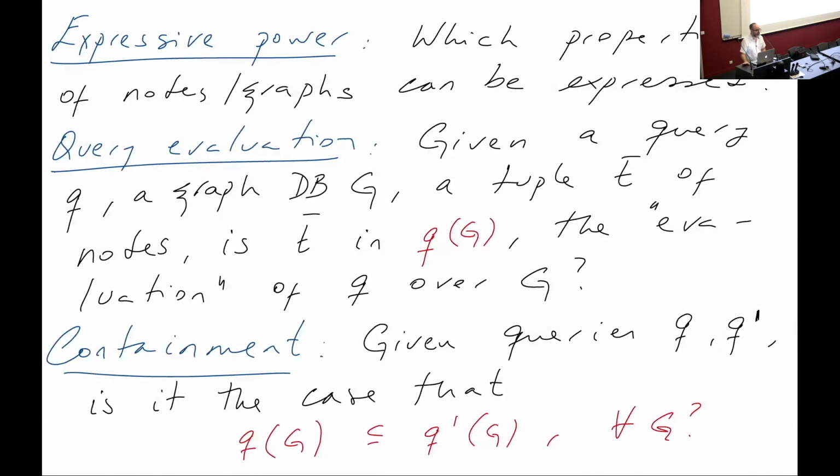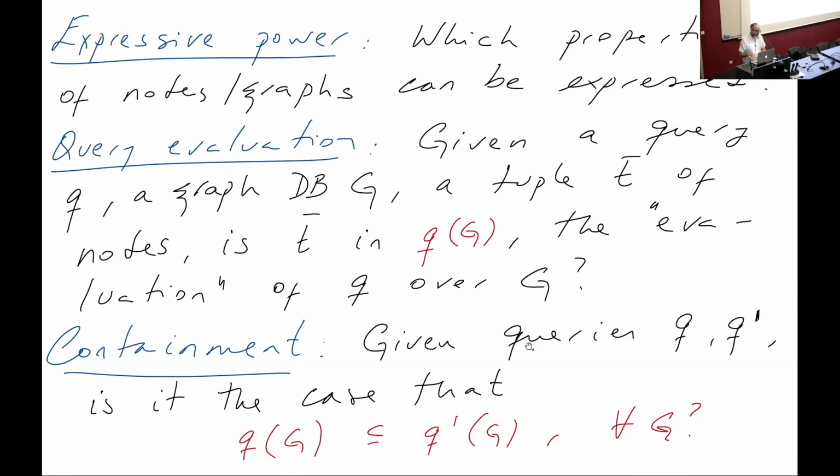That's one of the questions we'll be considering. Then query evaluation. Given a query Q, a graph database G and a tuple t, most of the time of nodes, is this tuple in the evaluation of Q over G? This is what is called the query evaluation problem. How hard is it to check whether a tuple belongs to the output of a query over a graph database?